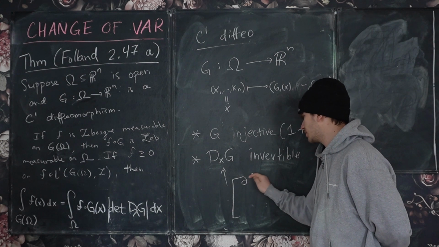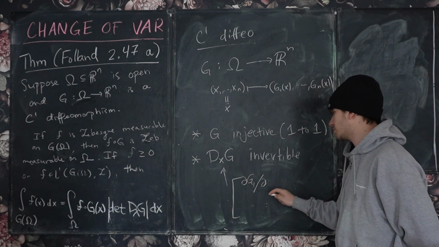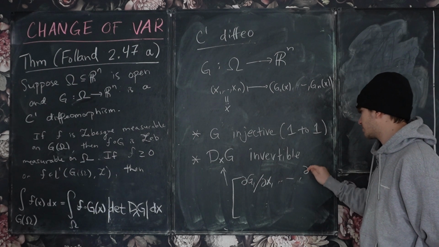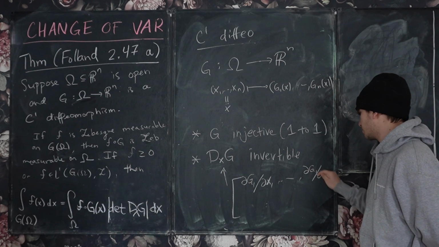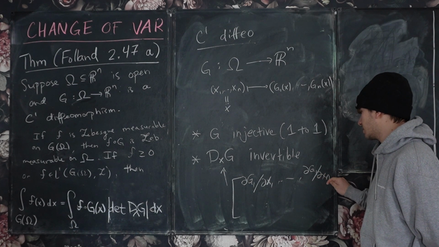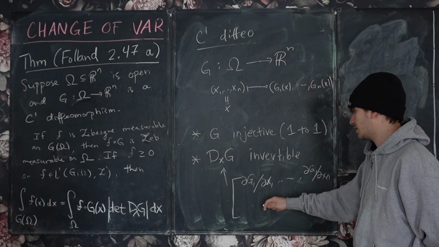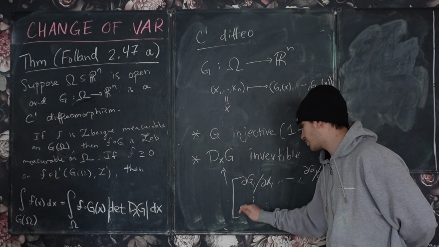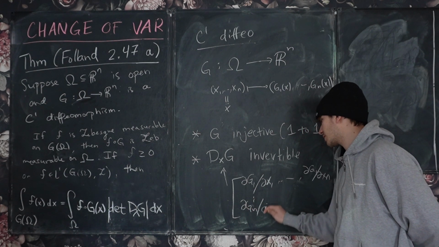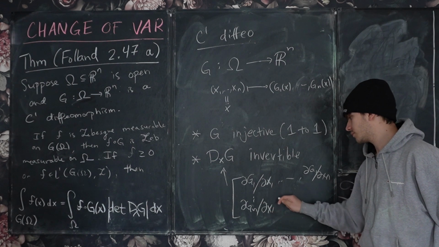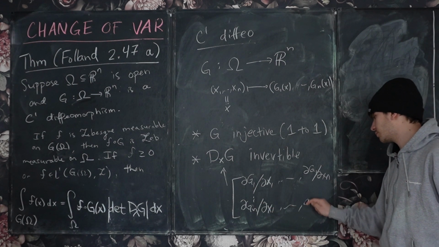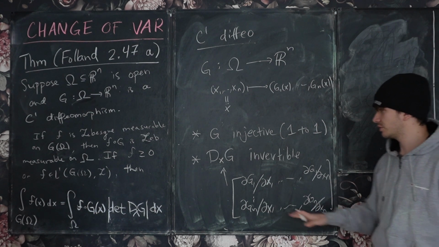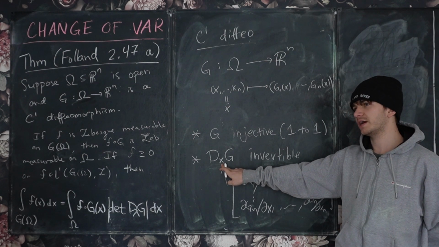So this is partial g1 over partial x1 all the way through partial g1 over partial xn, and then partial gn over partial x1 through partial gn over partial xn, and of course these are evaluated at the point x.